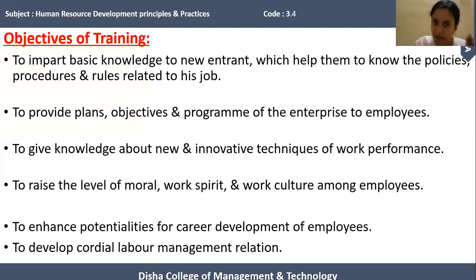And it is not only provided to the newly appointed employee, but also to the existing human resources of an organization.